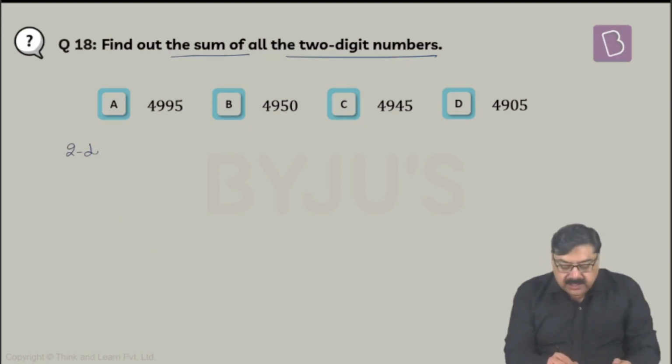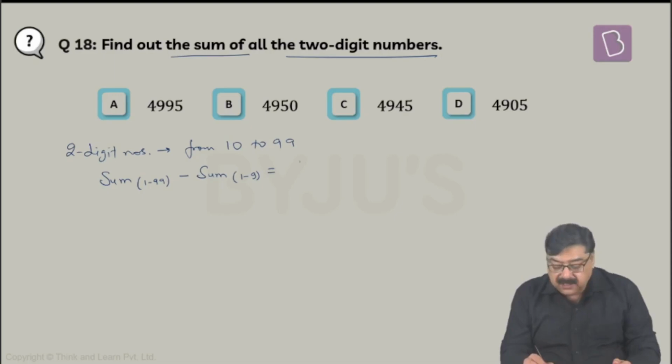Now 2-digit numbers will be from 10 to 99. So once again, we will take the sum of all the numbers from 1 to 99, from which we will subtract the sum of all the numbers from 1 to 9. So what will remain will be the sum of all the numbers from 10 to 99.